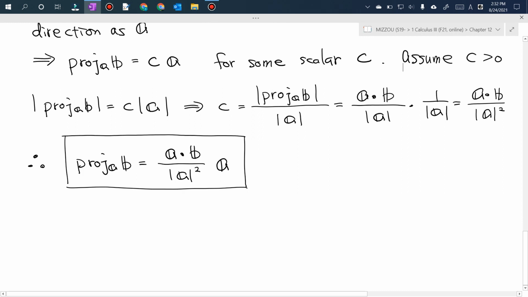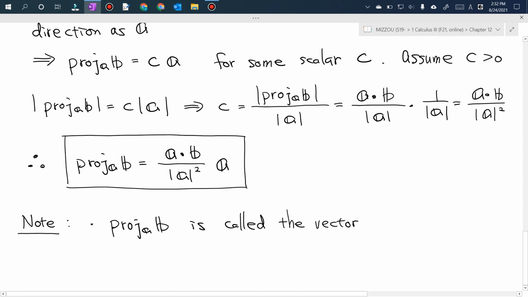Anyhow, let me just note that, first of all, this proj AB is called the vector projection, because it's a vector. And its magnitude is called the scalar projection.